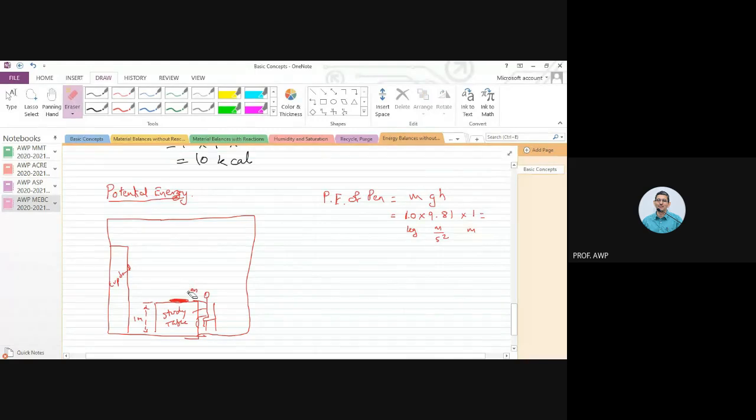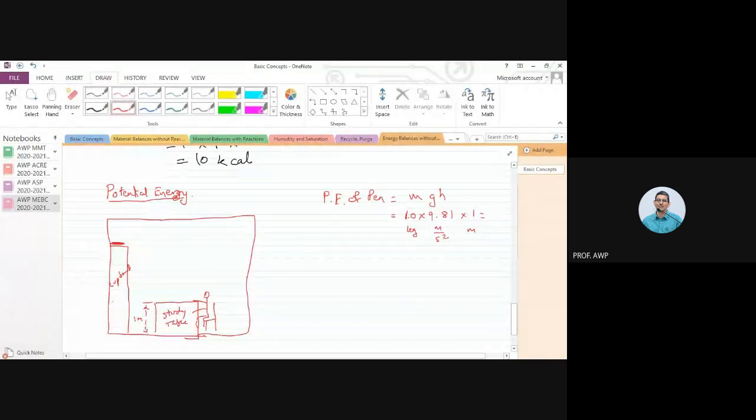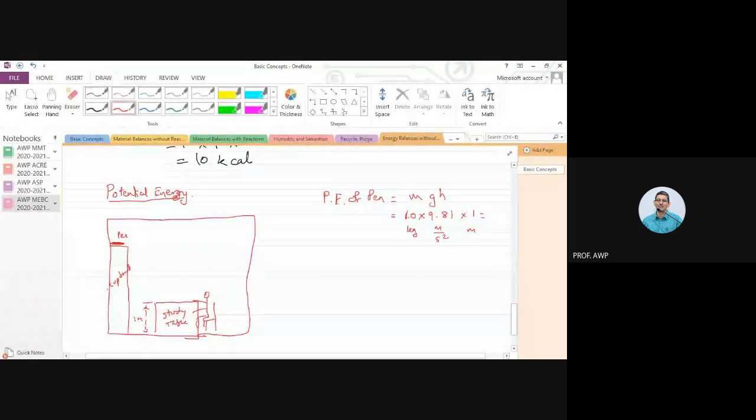Suppose this pen I keep here now. What is the potential energy of the pen?